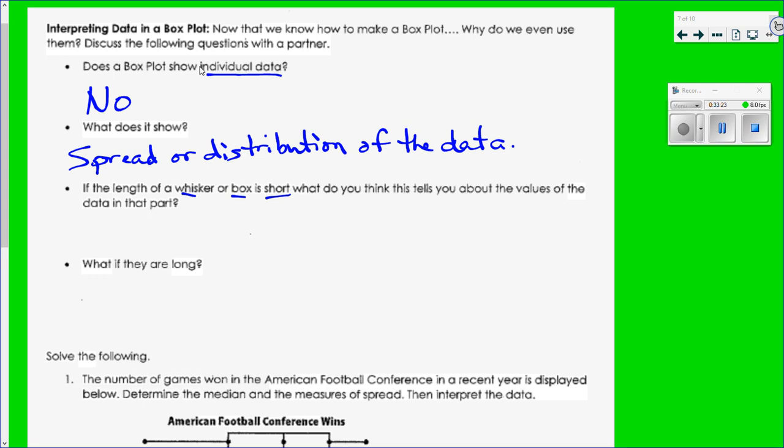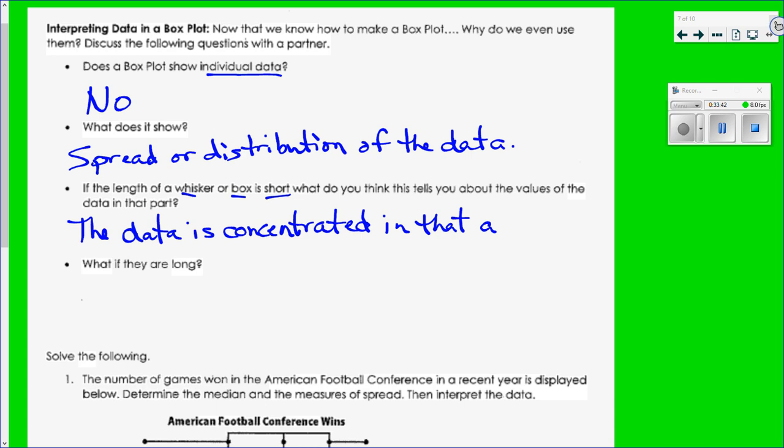Good. So that means they're really, the math term we would use would be concentrated. So it means the data is concentrated in that area. In other words, I see a lot of it right in that small piece of the area. Okay?